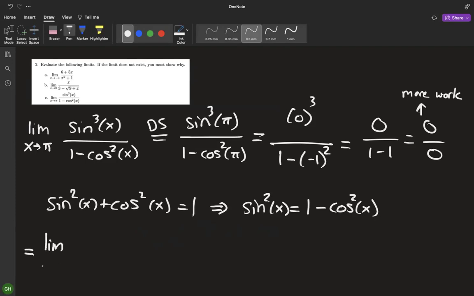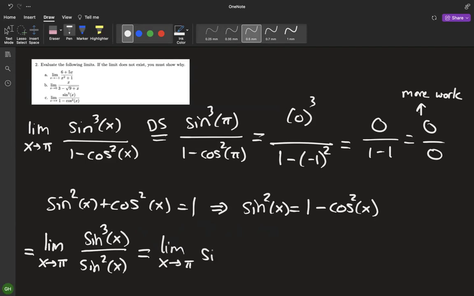So this is equal to the limit as x goes to pi of sine cubed of x over sine squared of x. And I get cancellation to just the limit of sine of x, which I could direct substitute: sine of pi, which is 0.